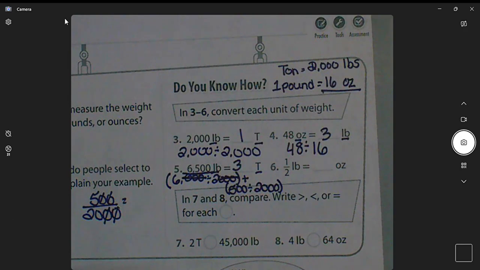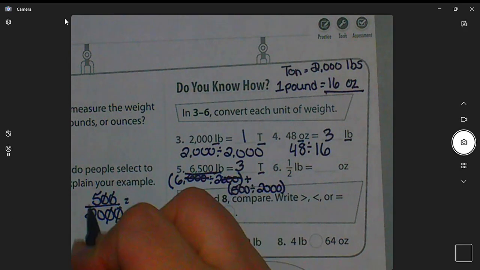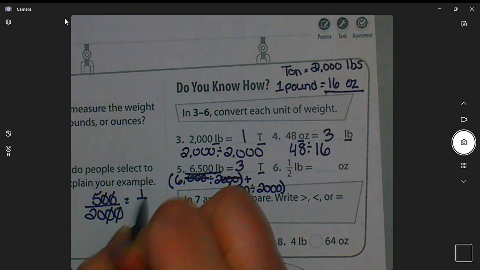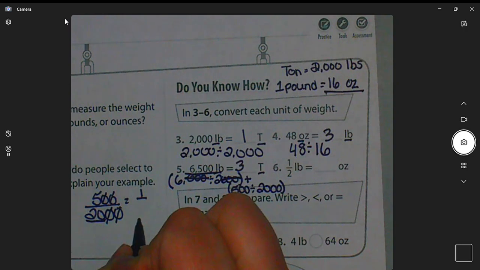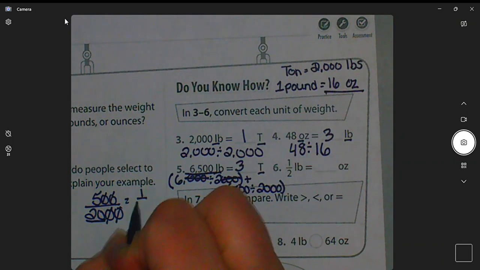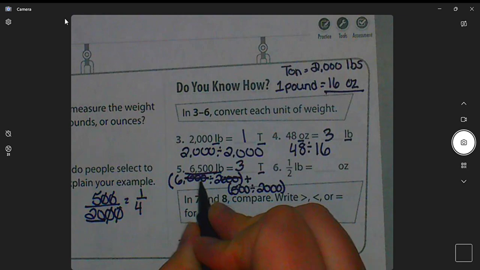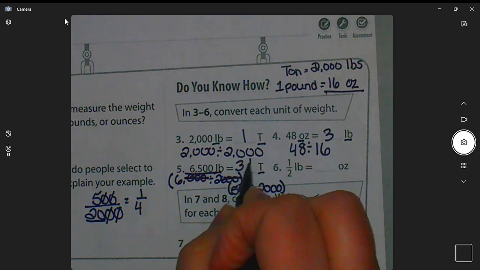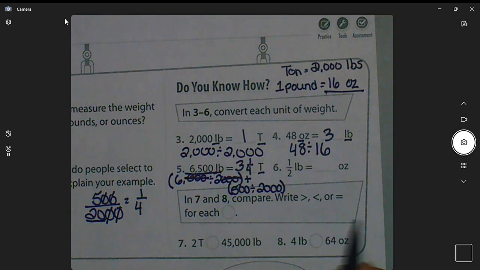They both divide by 5. So 5 divided by 5 is 1. 20 divided by 5 is, yes, 4. So 6,500 pounds equals 3 and 1/4 ton.